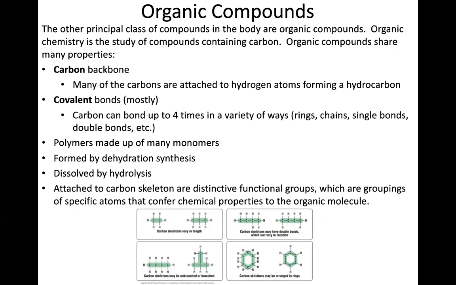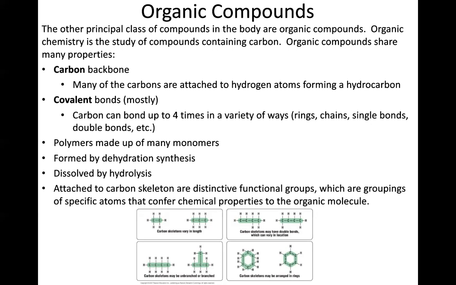This is the other principal class of compounds in the body. And a key feature of organic compounds is the presence of carbon, as I was already talking about. If you take a class called organic chemistry, you're going to talk at great length about carbon.